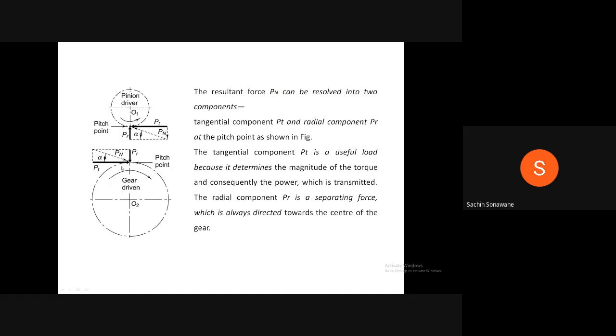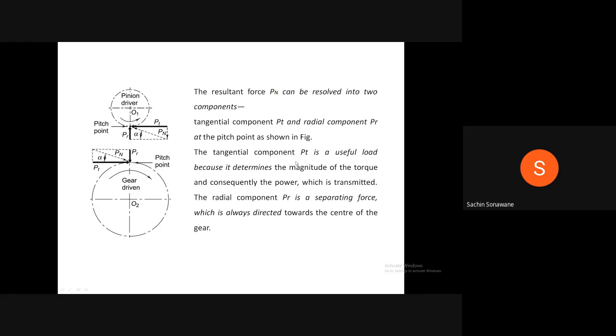But since the gear is rotating due to this force PT and the radius of the gear, which we consider as R2 or capital R, PT into capital R is nothing but torque, and PT into small r is torque on the pinion.